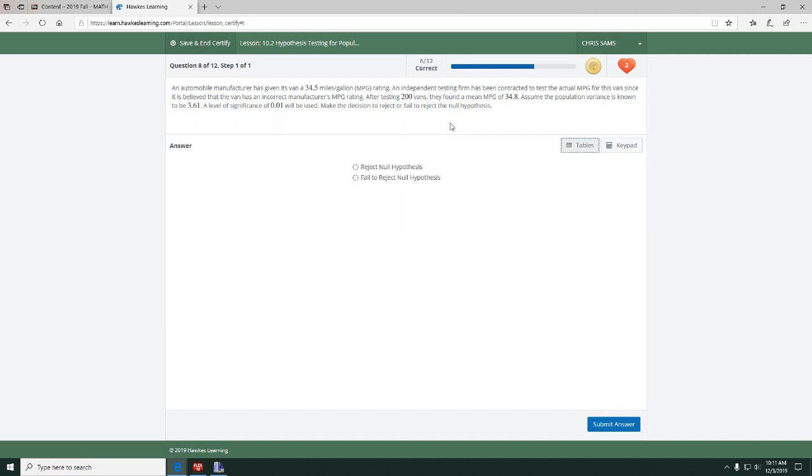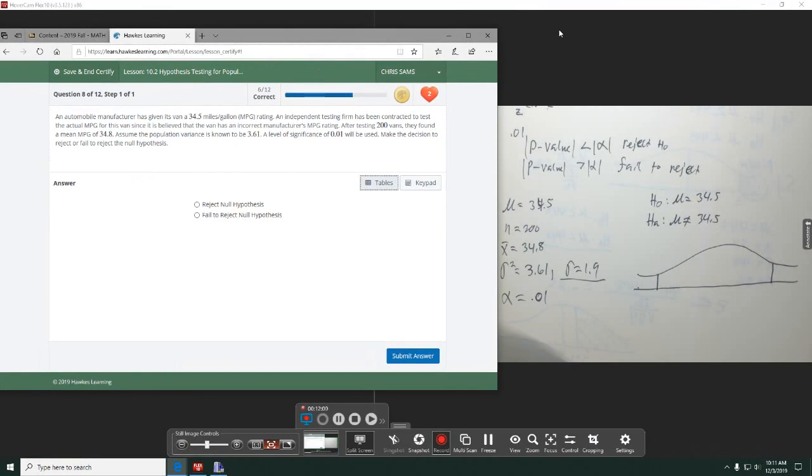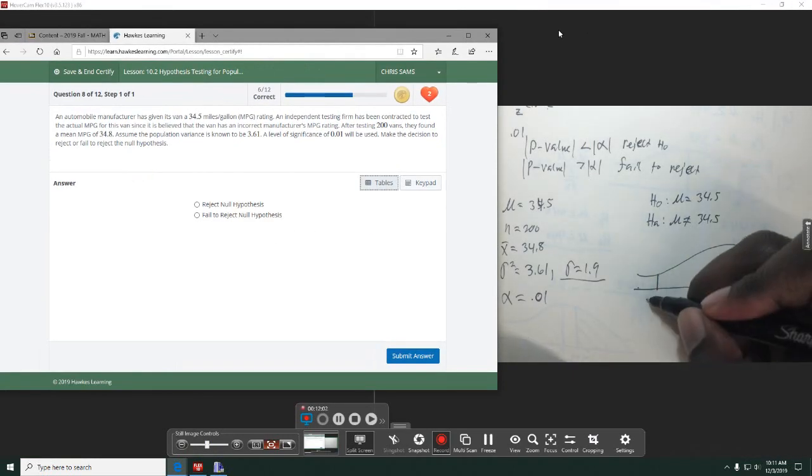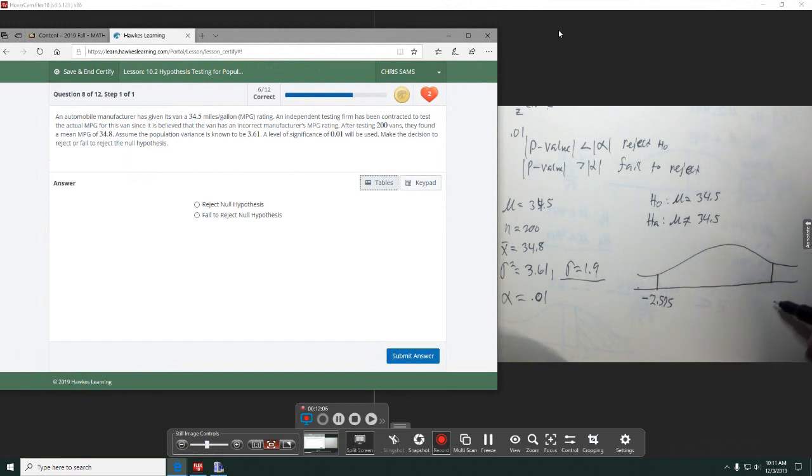Okay. So I'm going to write that on our bell curve. Negative 2.575 and positive 2.575. So this area here is the rejection region. What is the area to the left?